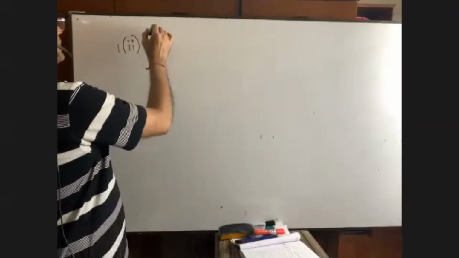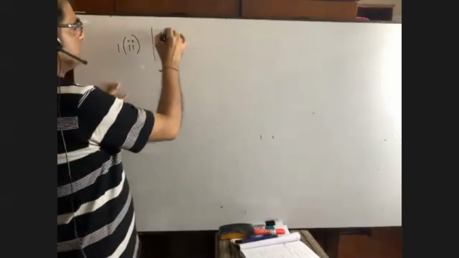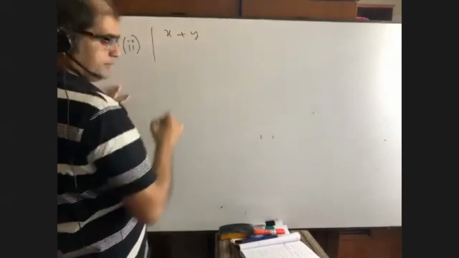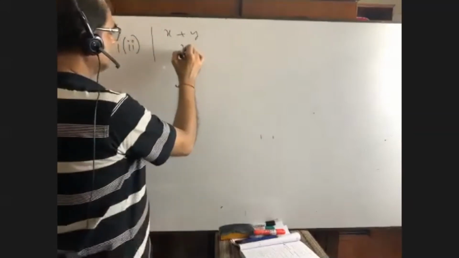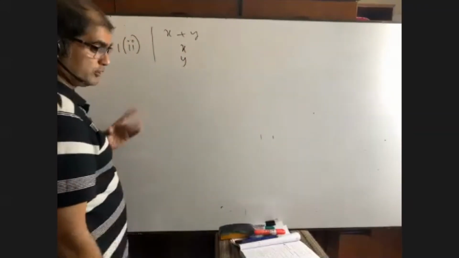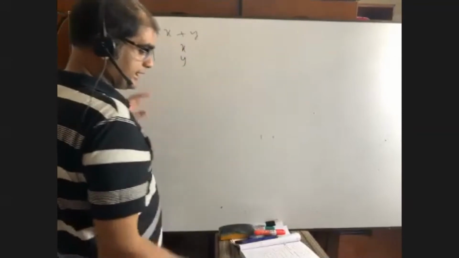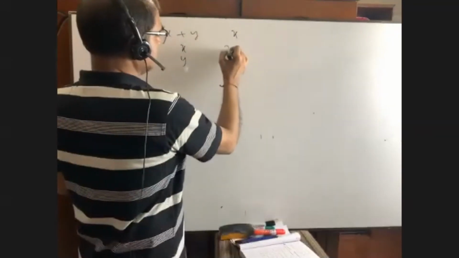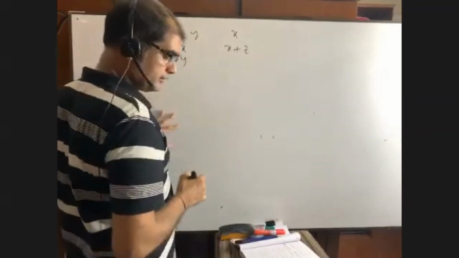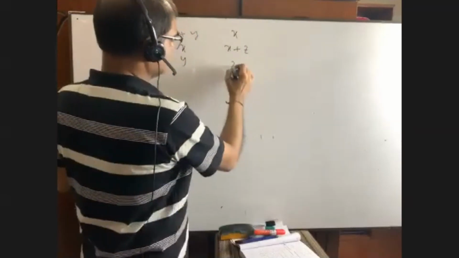Go to question number 2 of 1. It is given x plus y, then it is x, it is y, it's okay, not a matter. Then it is x plus z, then it is z.